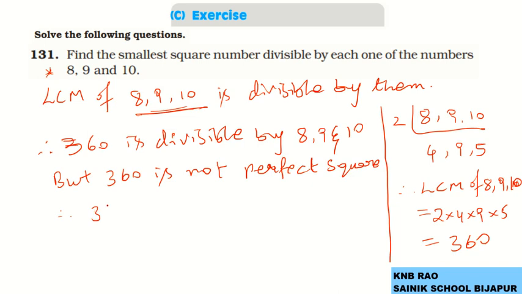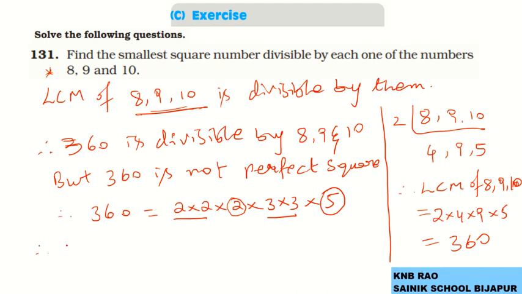Therefore, 360, which is 2 into 2 into 2 into 3 into 3 into 5, has prime factor 2 being in pairs, prime factor 3 being in pairs, whereas one more prime factor 2 does not have its pair and prime factor 5 does not have its pair. So, we need a pair for them.